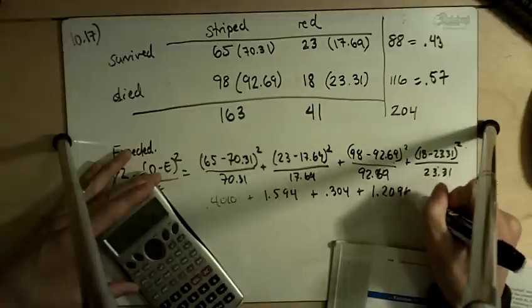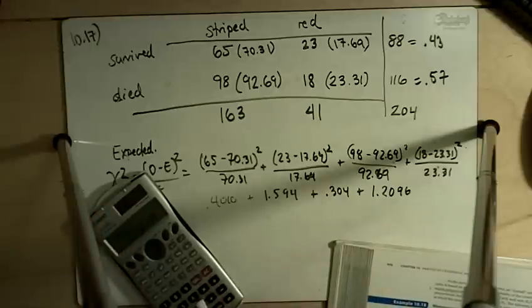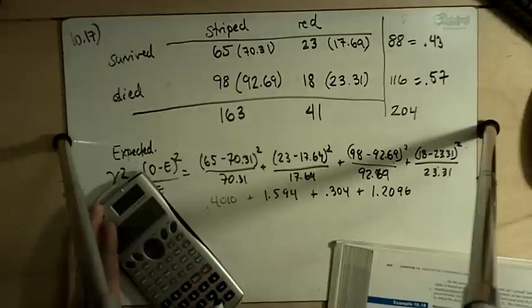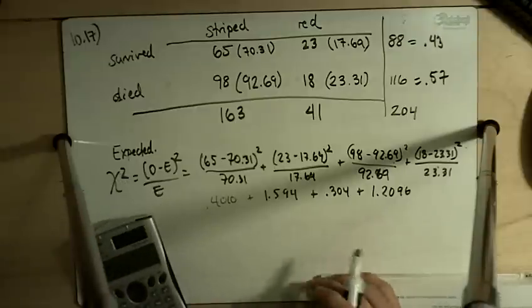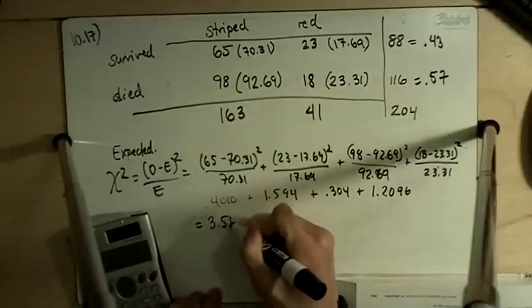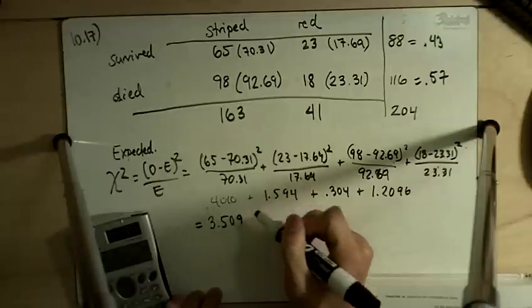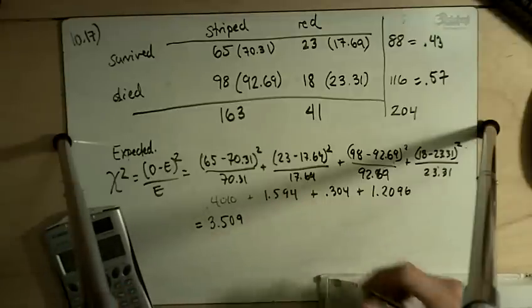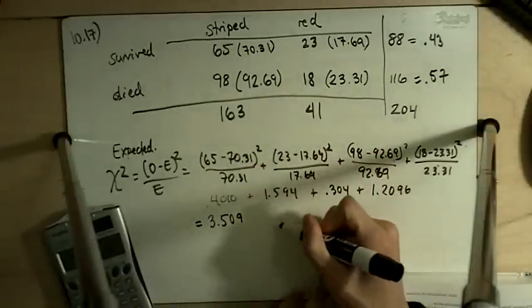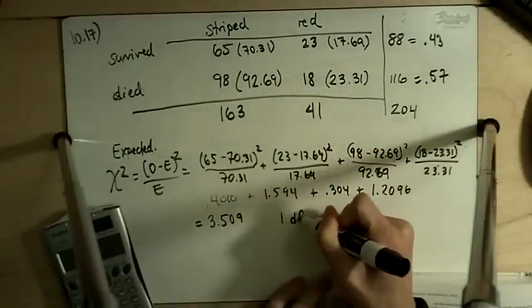Okay, so I'm going to add all of these numbers up, and here we get a total value of 3.509. Our 2x2 tables always have 1 degree of freedom.